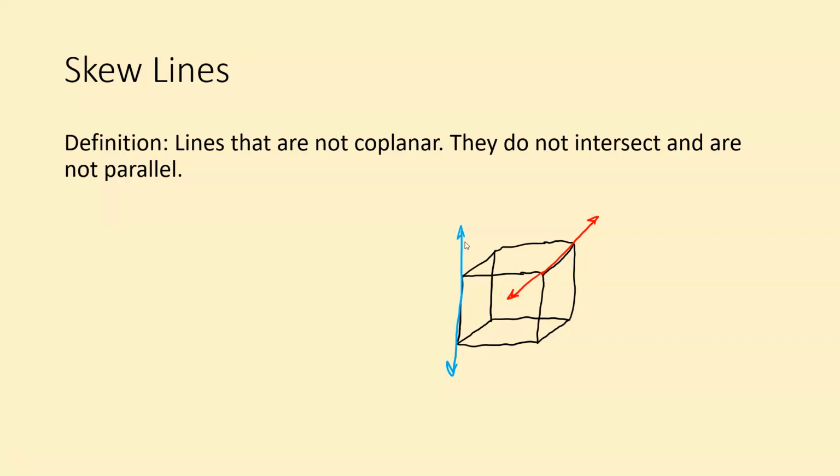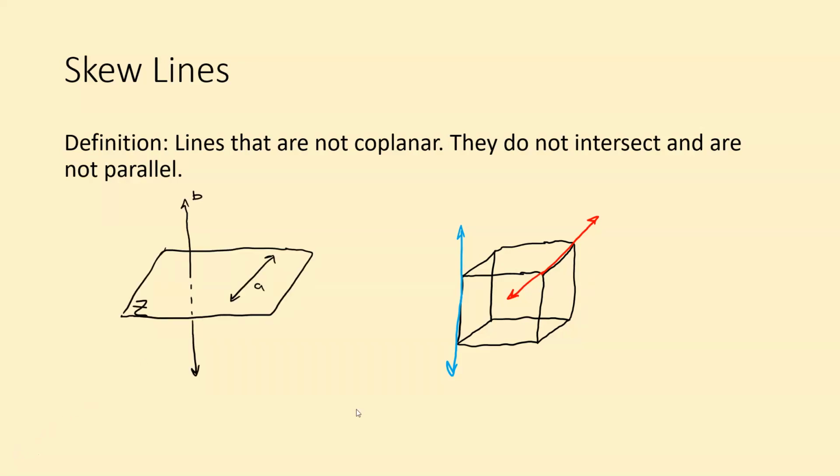We can see that they definitely will not intersect. If you think about a cube, if you extend those edges, they do not intersect, and they are not in the same plane. They do not share a common face of this cube, and I cannot draw in a common plane that they would share. So these are skew lines.